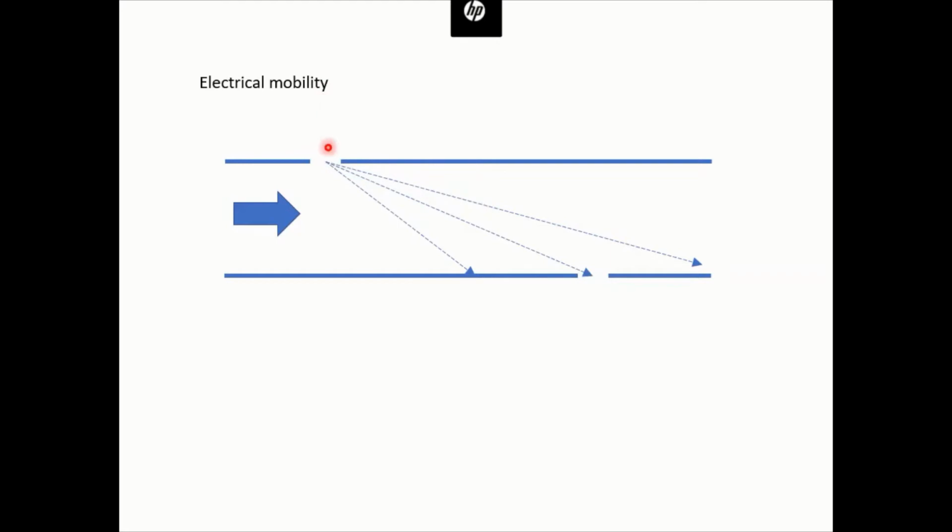If we introduce a bunch of particles with different sizes, larger particles are going to follow this direction, smaller particles follow this direction, and only particles with the correct size can exit from the outlet, okay? People call this instrument the electrostatic classifier. With this instrument, we can classify particles of a specific size, right?